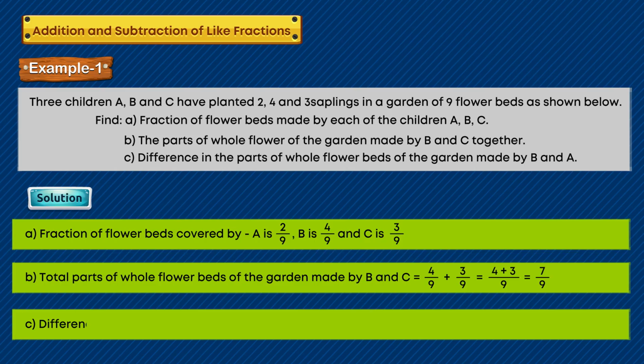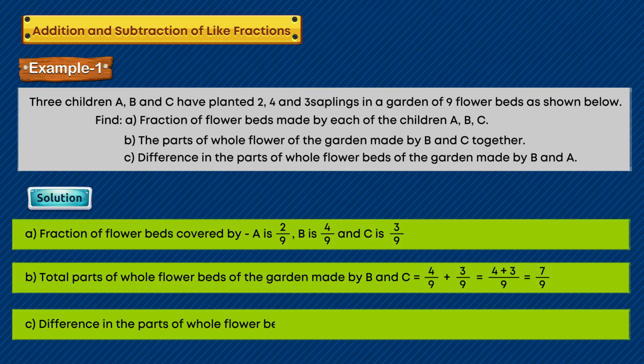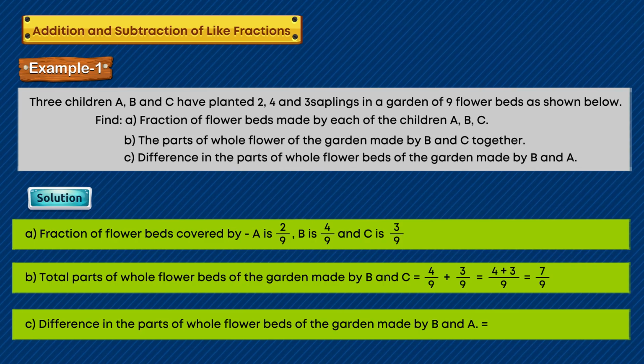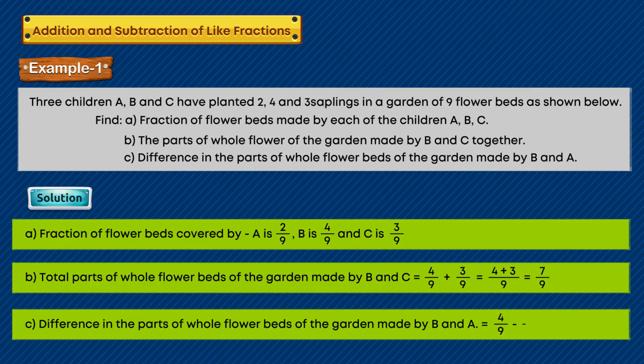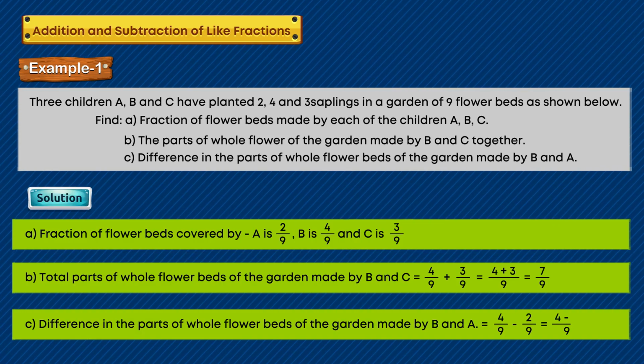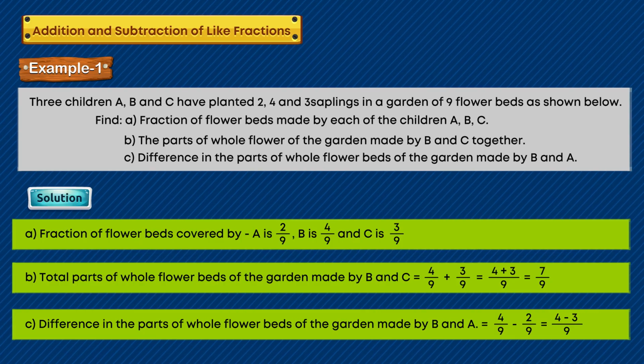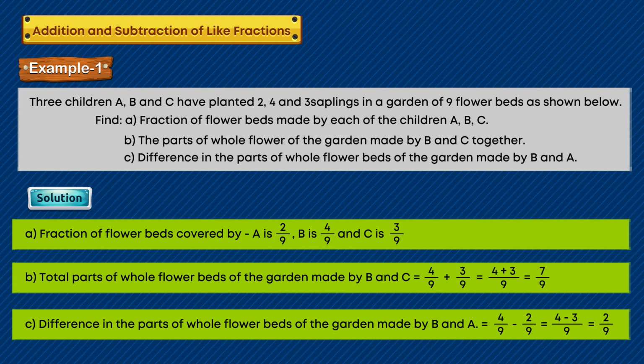C. Difference in the parts of whole flower beds of the garden made by B and A is equal to 4 by 9 minus 2 by 9 is equal to 4 minus 2 by 9 is equal to 2 by 9.